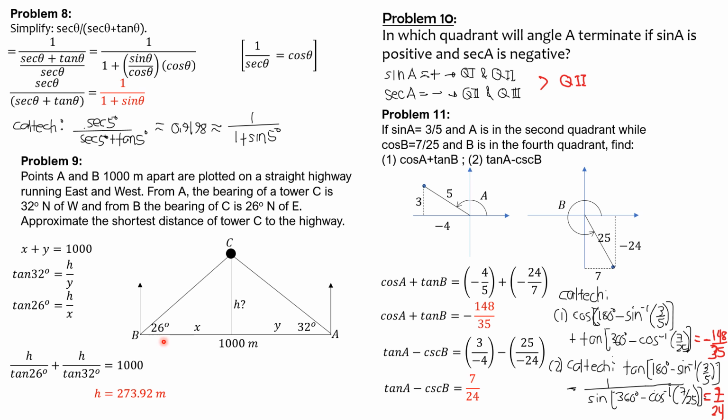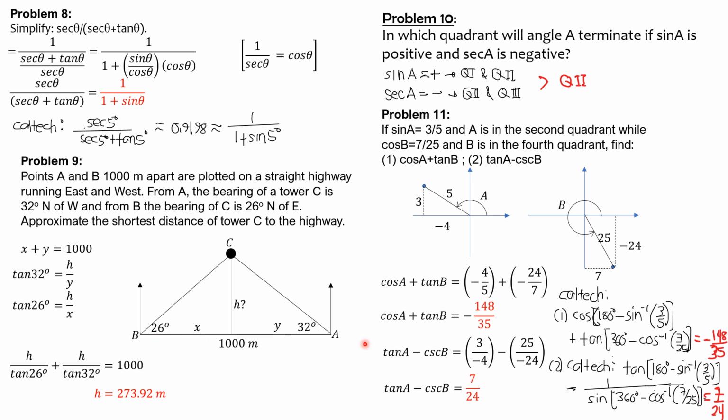From point A, let us say this is the Tower C, the bearing of Tower C is 32 degrees north of west, because this is the west line. 32 degrees north of that would be this direction.